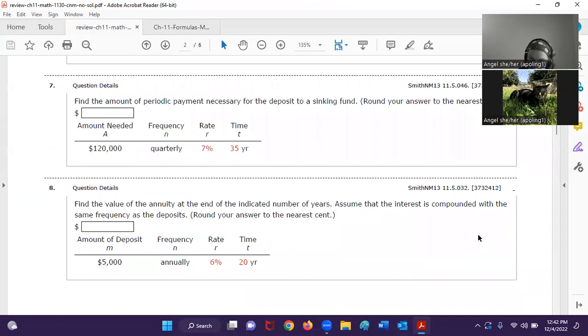Here, they're asking us to find M from the equation for sinking fund. I believe we already looked this up once.